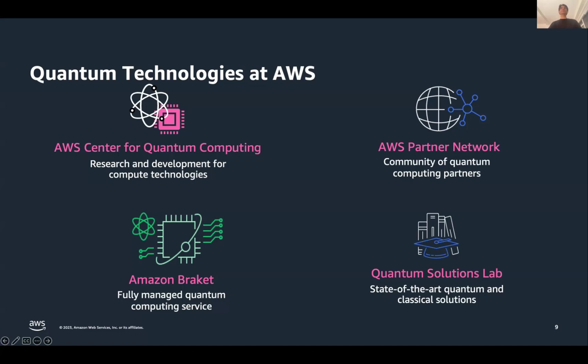These companies have built quantum hardware, and you can access it through Amazon Braket. So far, we don't have Amazon's own quantum computer offered through Amazon Braket, but that might change in future. That's the statement at the moment. Is that clear? Okay, I hope that is.